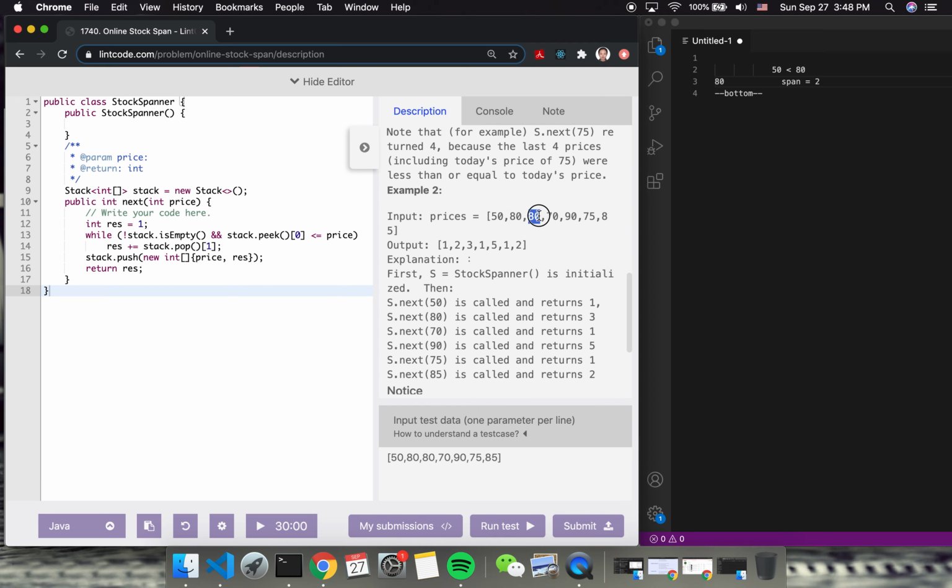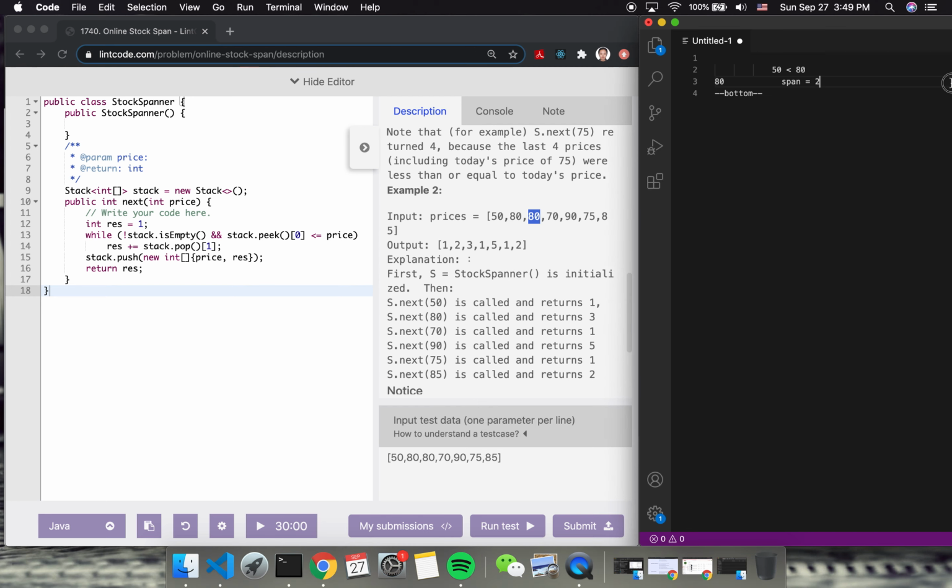Then we get another 80, and we still check if the day's price is smaller or bigger than the top of the stack. Here 80 equals 80, so we want to reuse the previous span, and the span would be 1 plus 2.